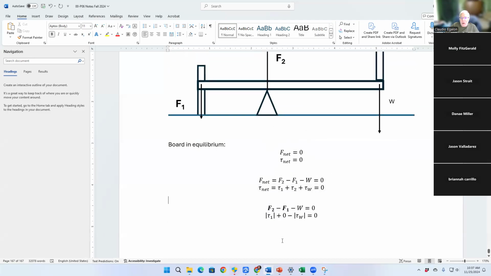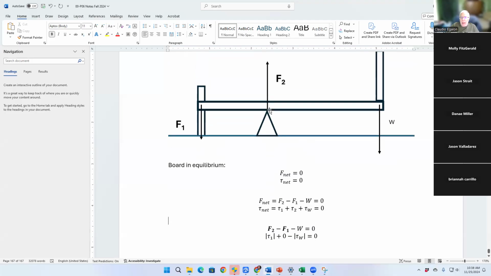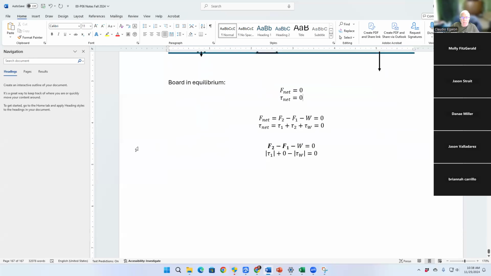That's the advantage of choosing the point of rotation at one of the points where a force is applied. I could have chosen a point of rotation right in here and taken the torque with respect to this point. I could have chosen a point of rotation right here and taken the torque at this point. In this case, tau 1 was going to be 0, not tau 2. But I chose this one here. Either way, you get the same result.